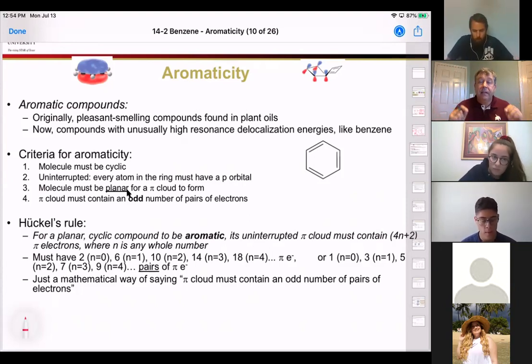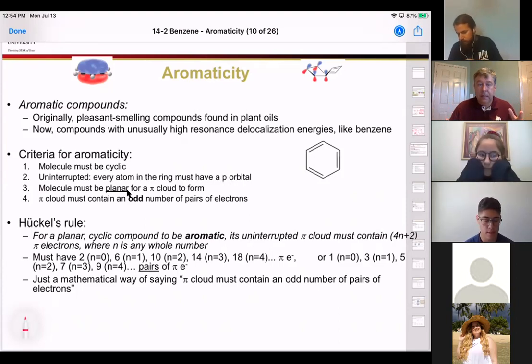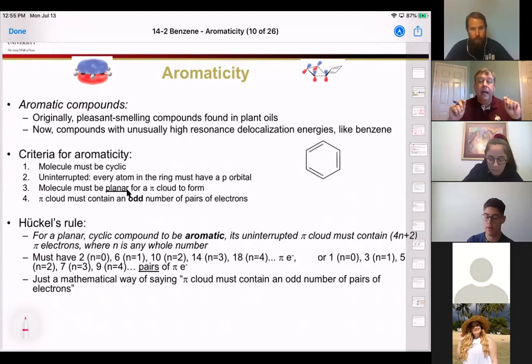But to get this extra stability, we have to follow 4 rules, okay? Now, the rules of aromaticity are the molecule must be cyclic. We're going to start with just single rings right now, but we're going to extend that to multiple rings. So it just has to be cyclic, okay? Number 2 is you have to have uninterrupted p orbitals, okay?